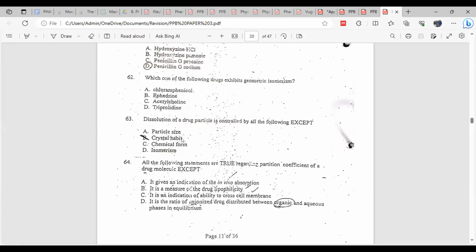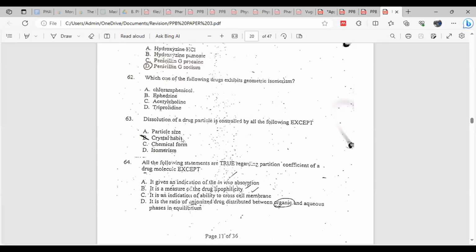We've seen amorphous compounds are more likely to dissolve quickly because less energy is required to break the crystal lattice. If a compound is crystalline, it requires more heat of solution to break the crystal lattice, thereby less dissolution. So amorphous has a higher rate of dissolution compared to crystalline.